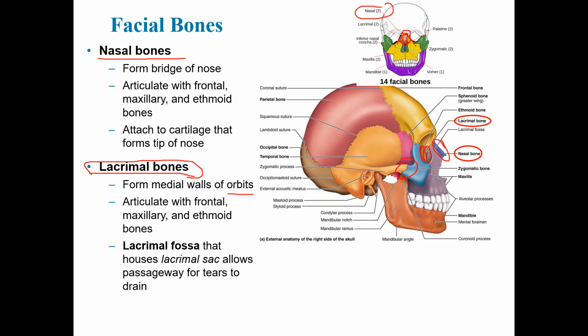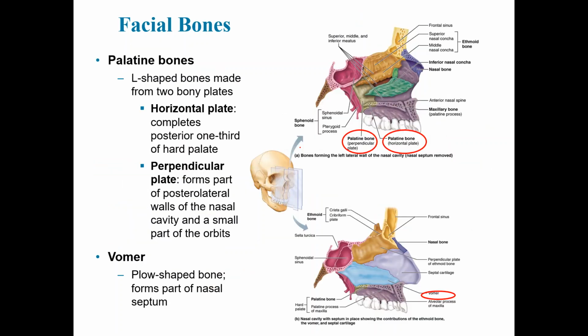These lacrimal bones articulate with the frontal, maxillary, and ethmoid bone as well, just like the nasal bones. There is a lacrimal fossa that actually, over here, the lacrimal fossa houses the lacrimal sacs that allows passageways for tears to drain. Okay, that's where the tears come from.